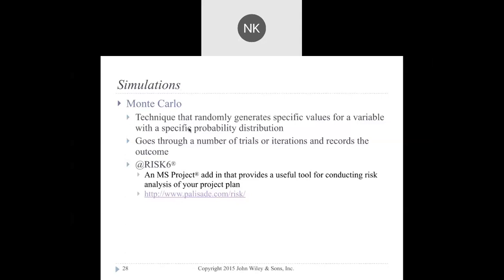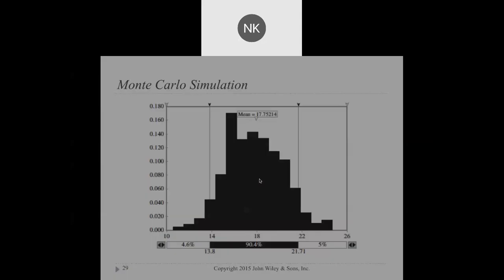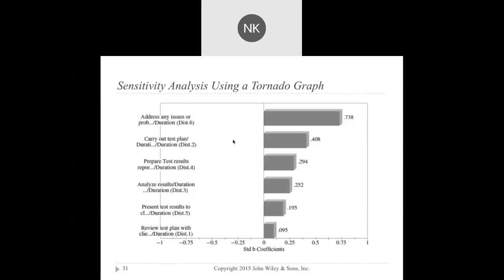Monte Carlo is quite famous. This is the simulation analysis. So you will get this mean, or cumulative probability distribution. Sensitivity analysis. You don't have to understand all actually, but you know the options that you can choose.